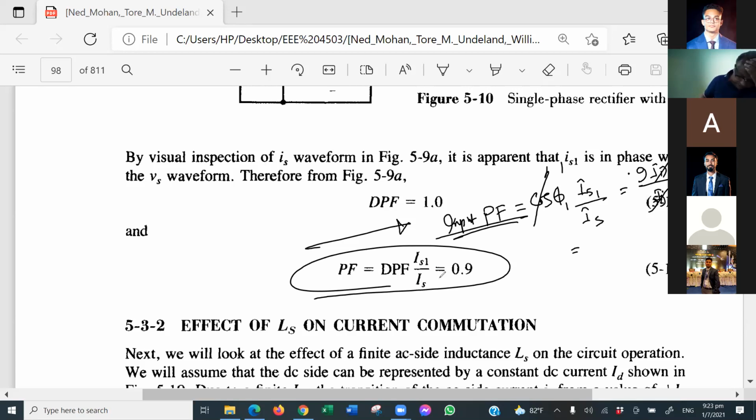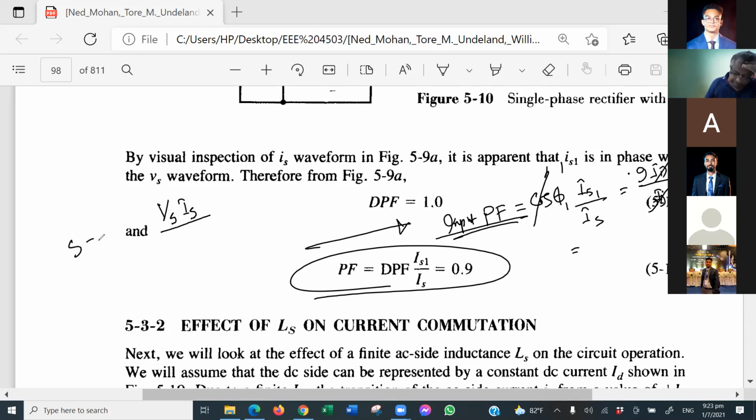Just give me a few moments. I'm puzzled. Okay. Yes, I can remember now. What is this? This is your volt ampere, right?